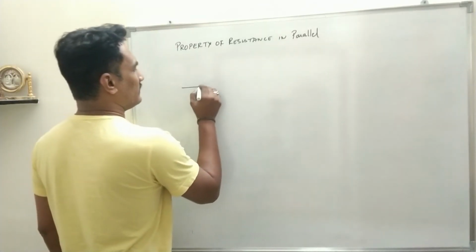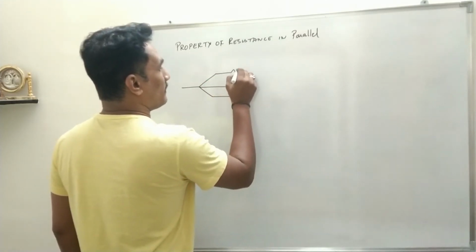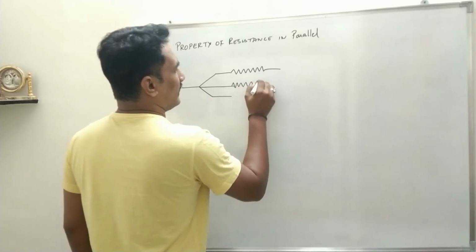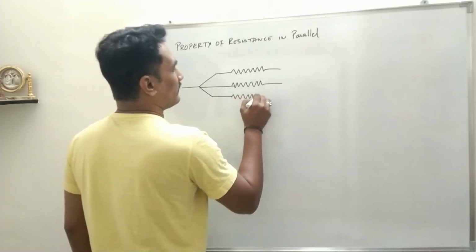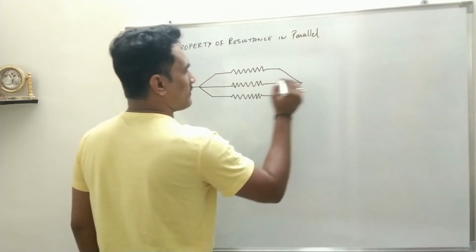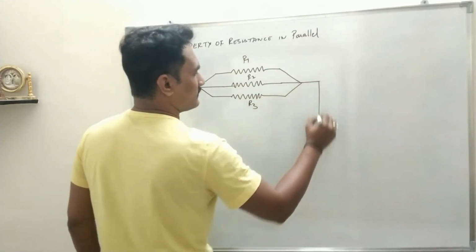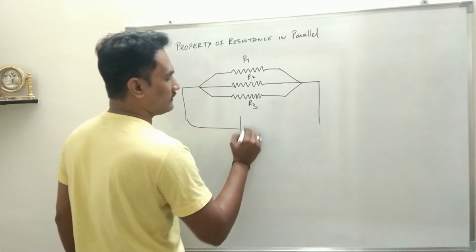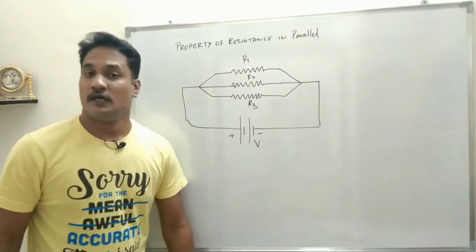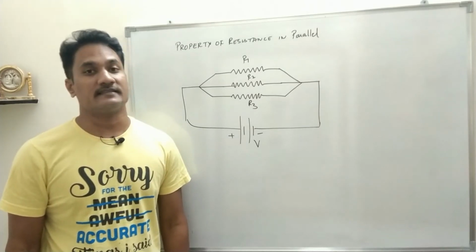Now let's say three resistances R1, R2 and R3 are connected in parallel across a voltage source of, say, V. Now when resistances are connected in parallel, the voltage drop across each resistance remains the same.